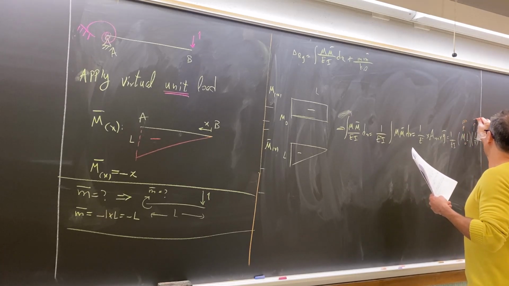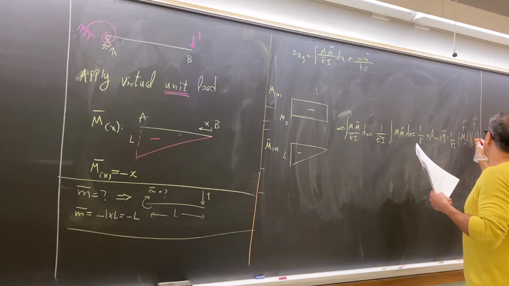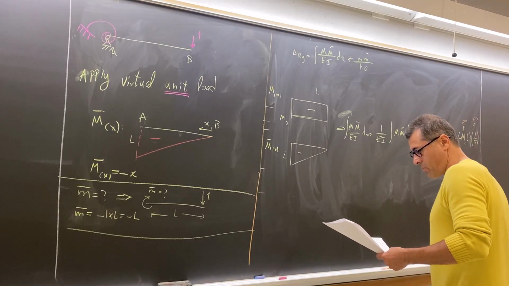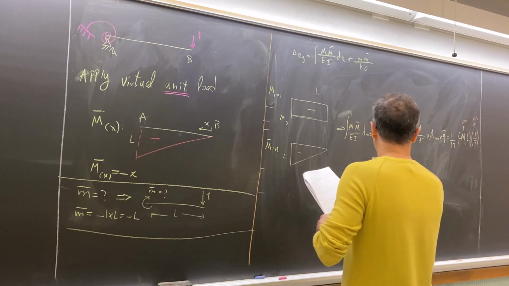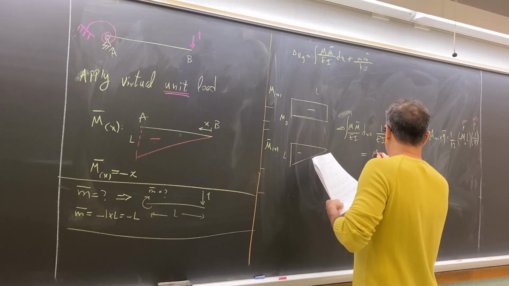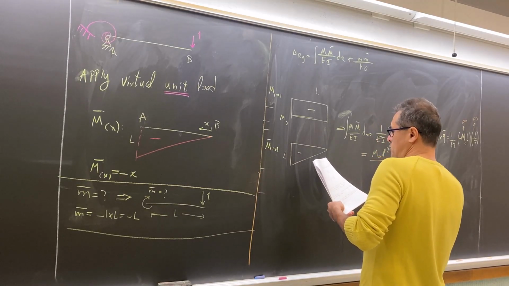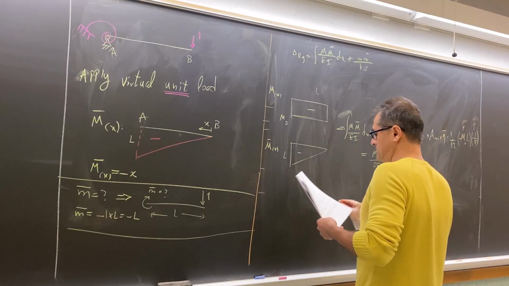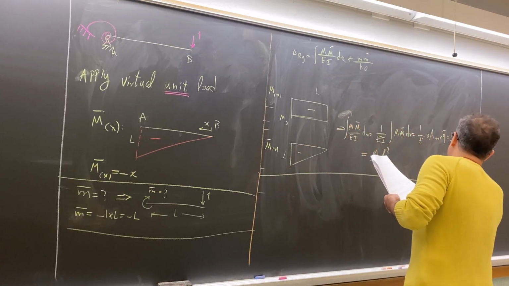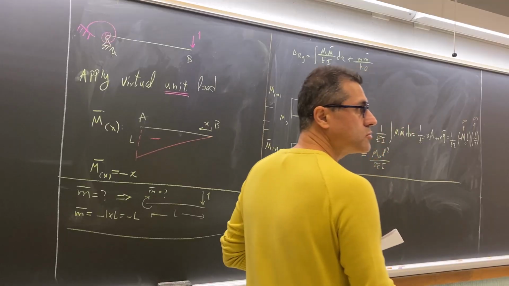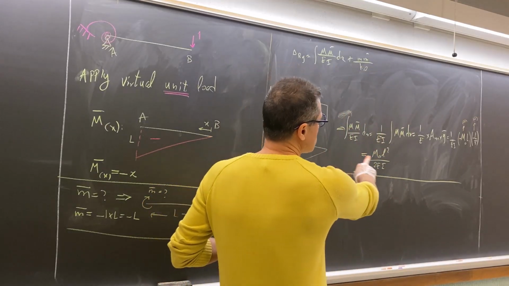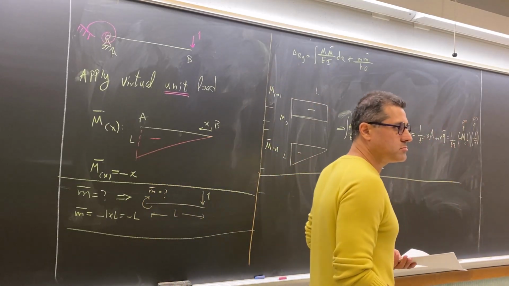So negative and negative will cancel each other. So the answer is mL squared over 2EI. So we are done with the first part using Moore method. And remember, both of them are negative, so they cancel each other.